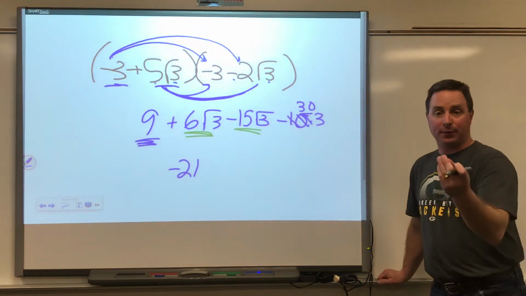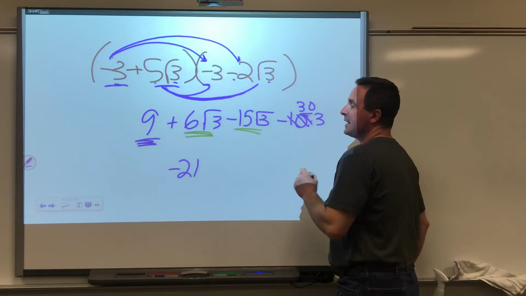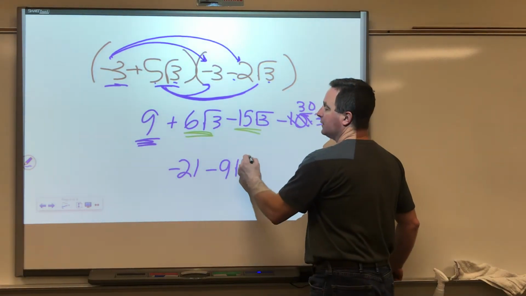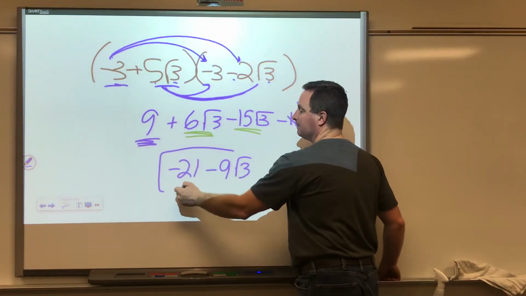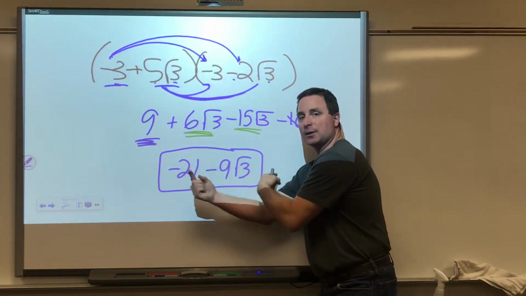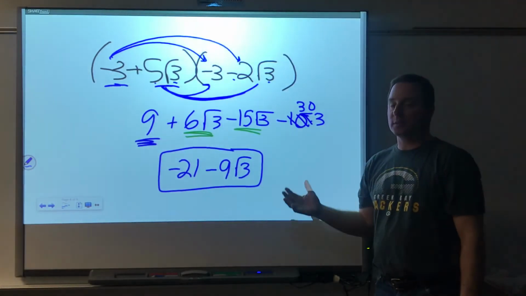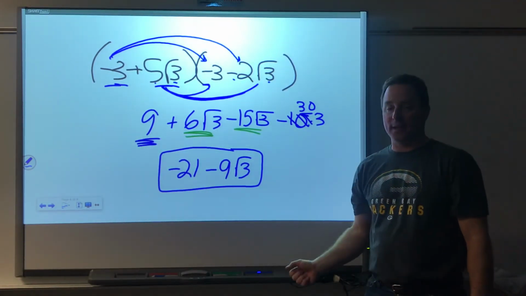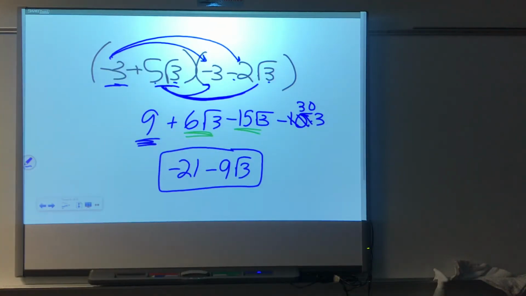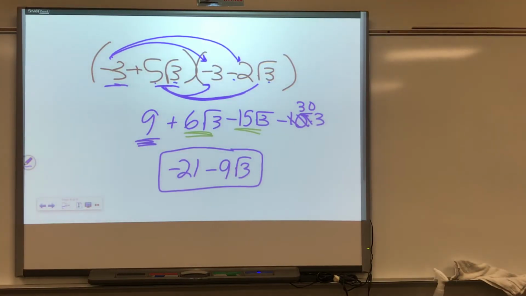They're both square roots of 3, so they can be combined. 6 minus 15 is negative 9 square roots of 3. And there's my answer. And once again, these things can be switched around. They can be in a different order. Doesn't matter which one comes first, but just make sure we have the correct signs. All right, that's a FOIL problem.